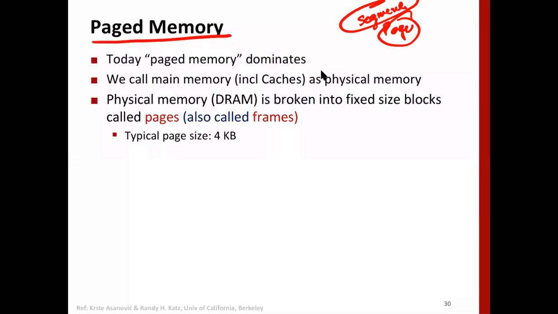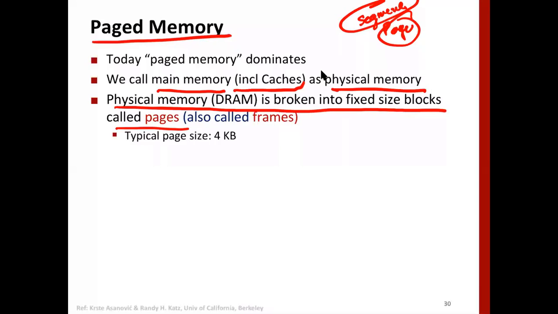Now we call it main memory. Of course, when we say main memory, it also includes cache, because cache is hidden from the processor as physical memory. Now physical memory is broken into fixed size blocks called pages. So physical memory for us, for example, is 1 GB.